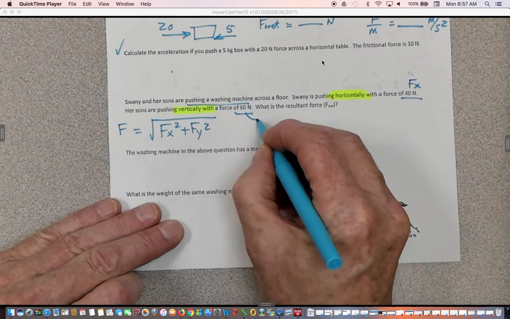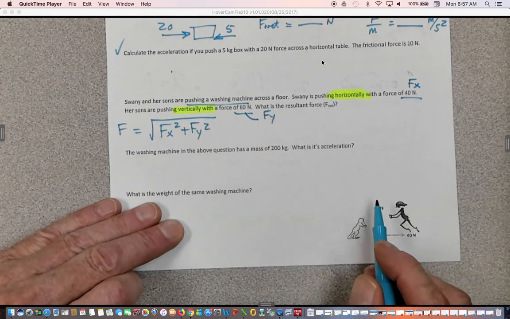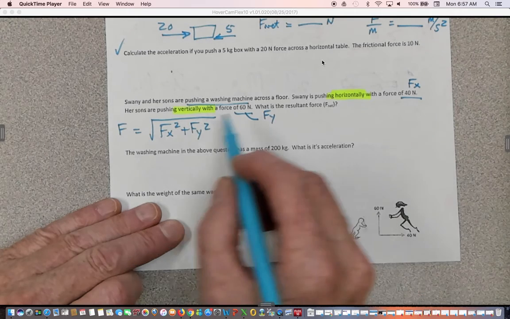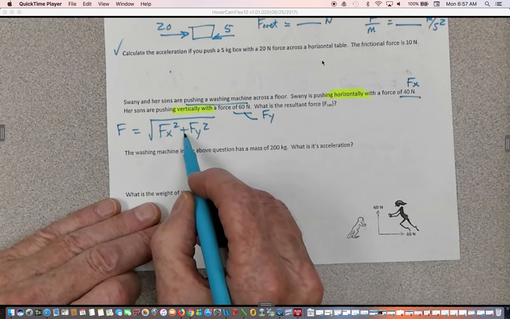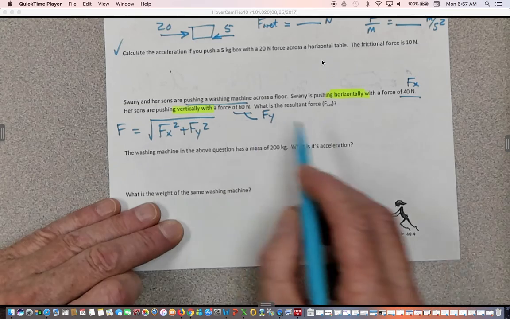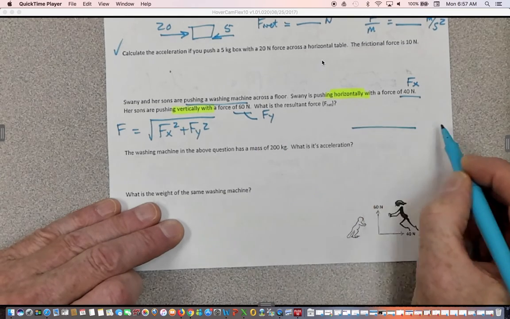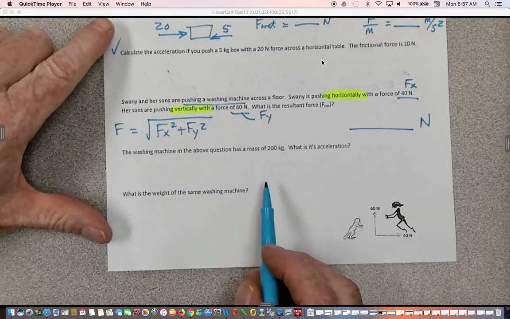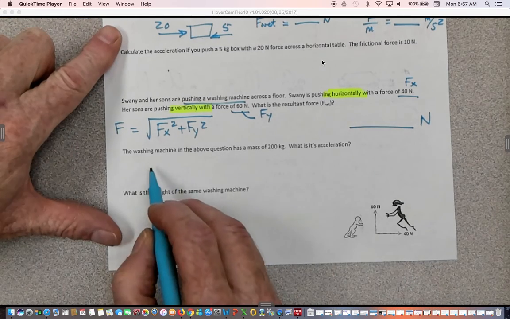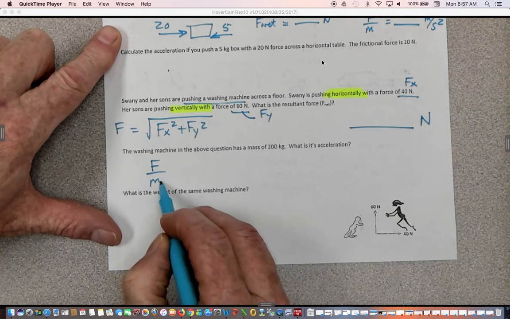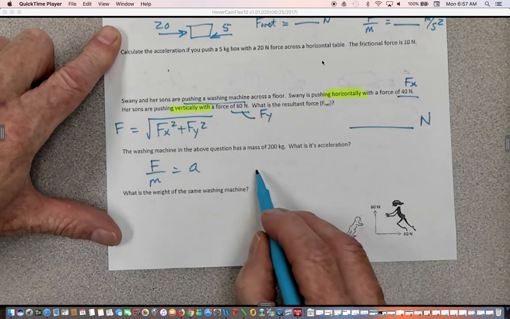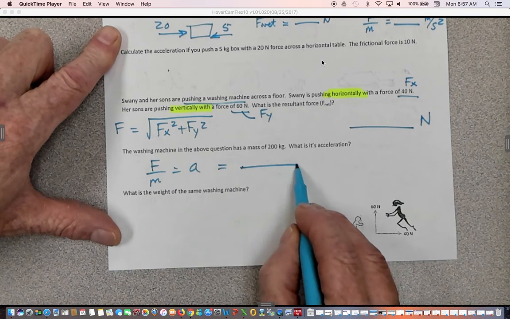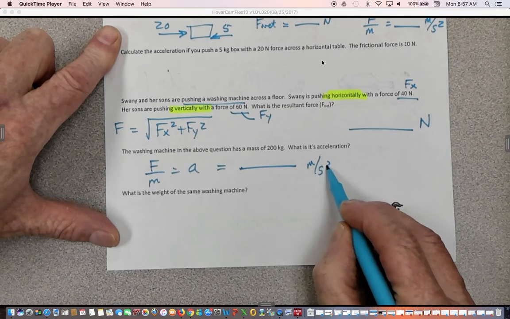This will be your Fy. Remember, square them, then add them, then square root them. Do not forget to square root. You should have some answer, and the units will be newtons. Now, once you get your answer, F divided by M should equal A, so your answer should be something meters per second squared.